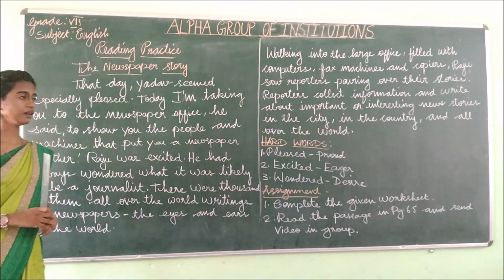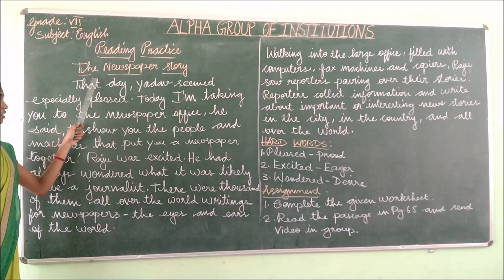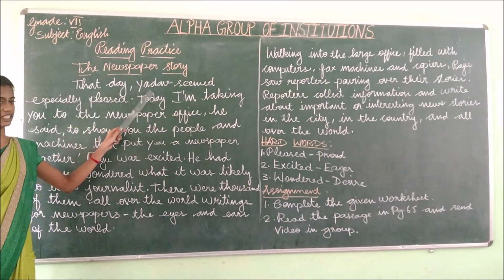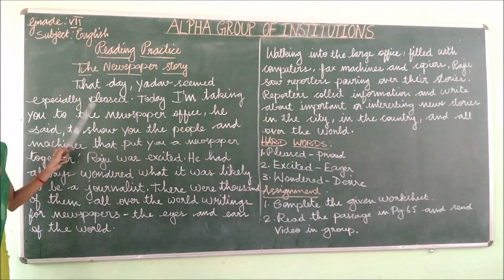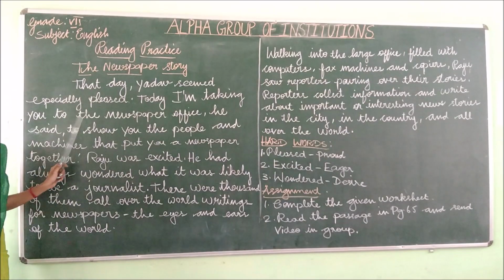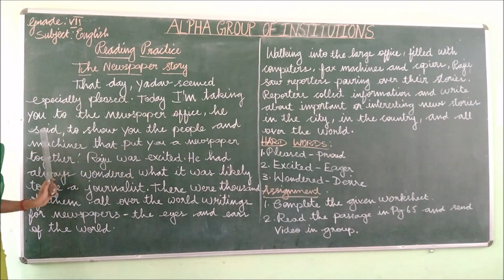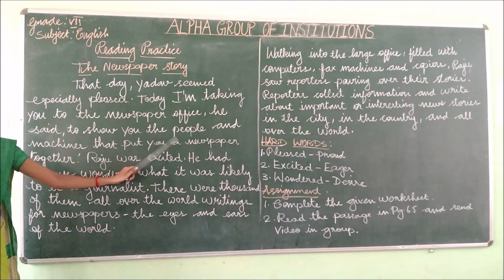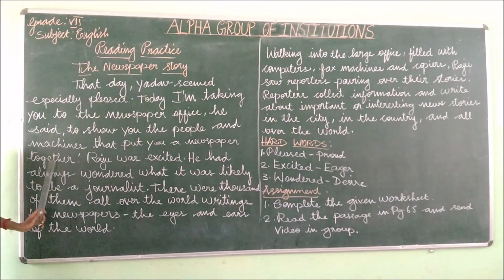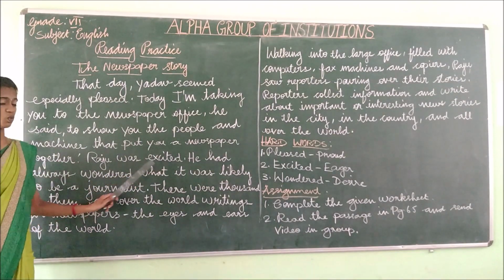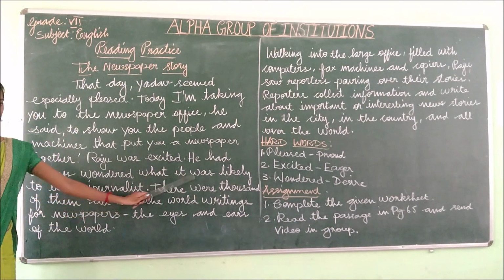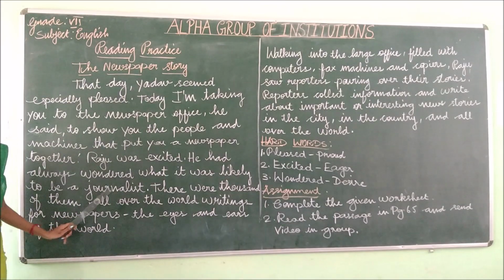Shall we read once again? The topic of the lesson is the newspaper story. That day, Yadav seemed especially pleased. Today I am taking you to the newspaper office, he said, to show you the people and the machines that put you a newspaper together. Raju was excited. He had always wondered what it was like to be a journalist.